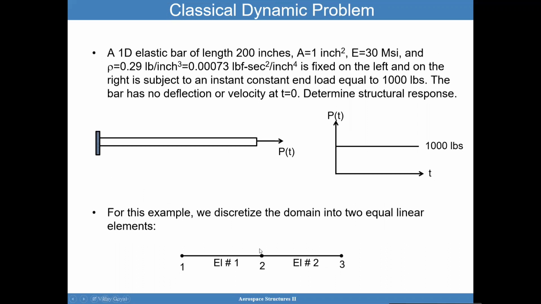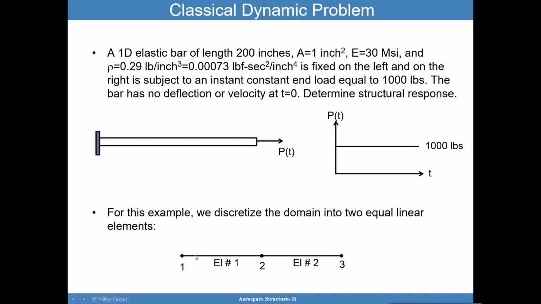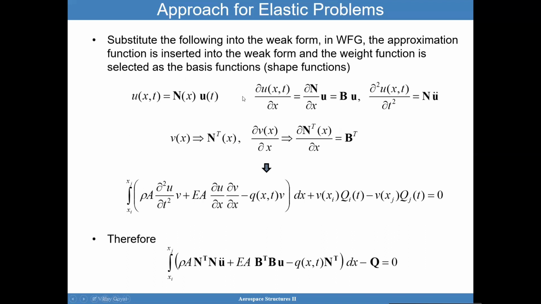If I know the deflection at 2, and I know that the deflection at 1 is 0 because it's clamped, then I know exactly how the deflection varies along the element. And so that's how that N function comes into play. This N allows me to understand the variation of the deflection across the elements. And so the only unknown is really at the nodes, u bold as a function of time.